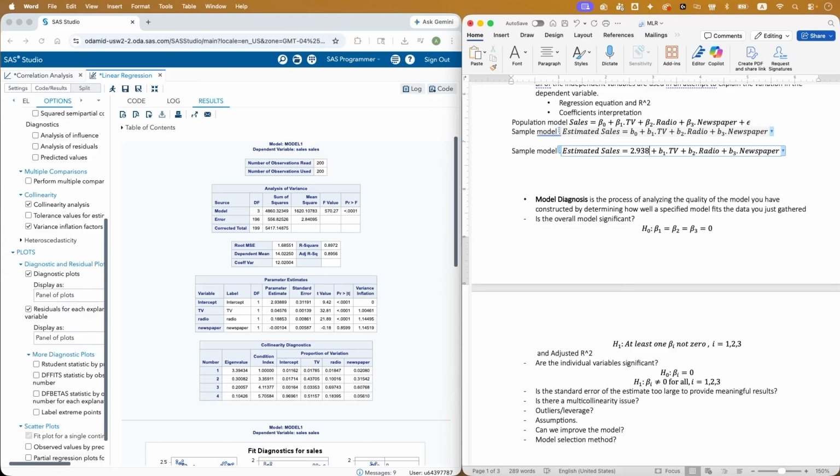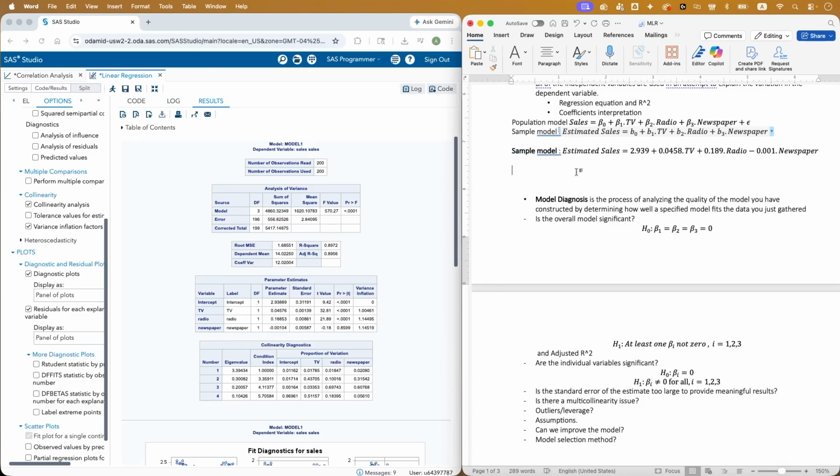Beta 1 is for the TV, we have 0.0458. The radio, we have 0.189. The newspaper is negative, so negative 0.001. So this is our estimated model. This is our equation.